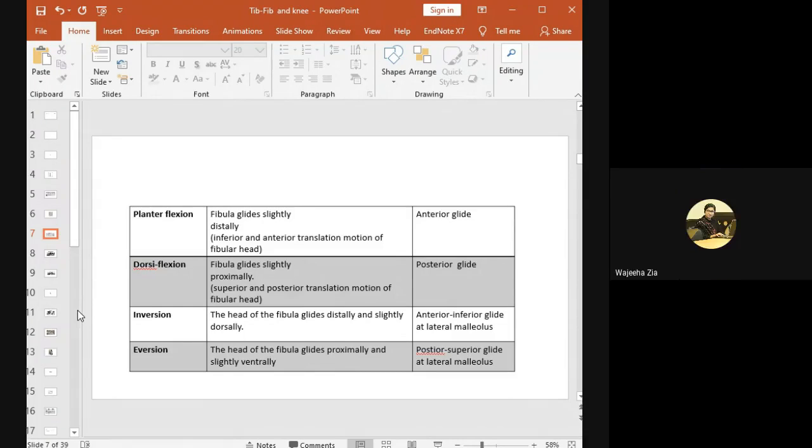So if the foot goes into plantar flexion, into the downward direction, the fibula moves inferiorly and distally.